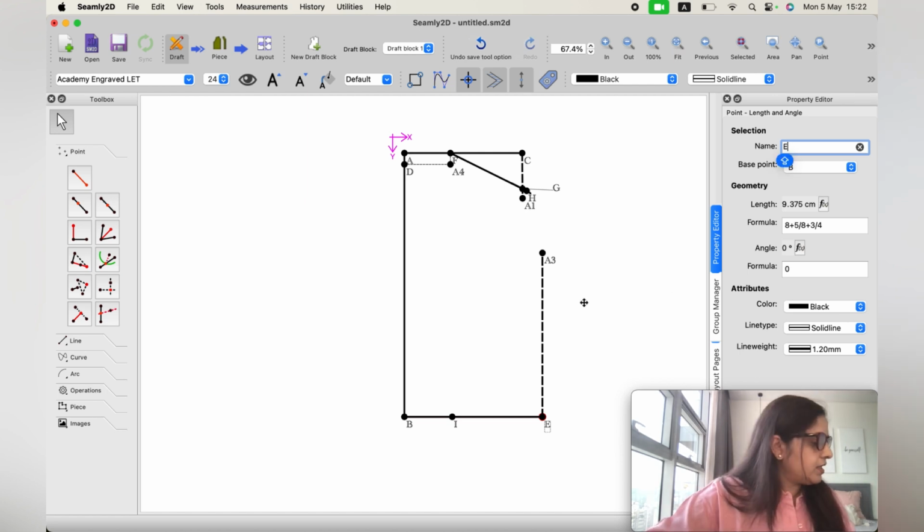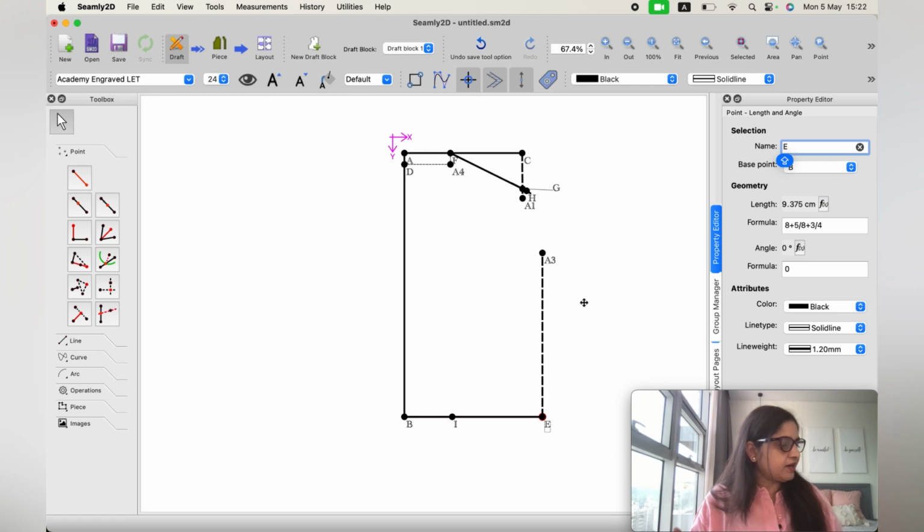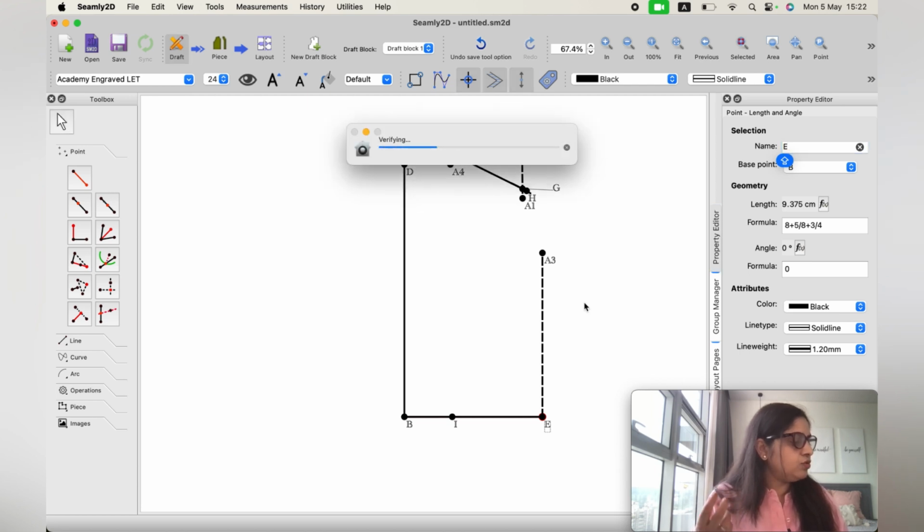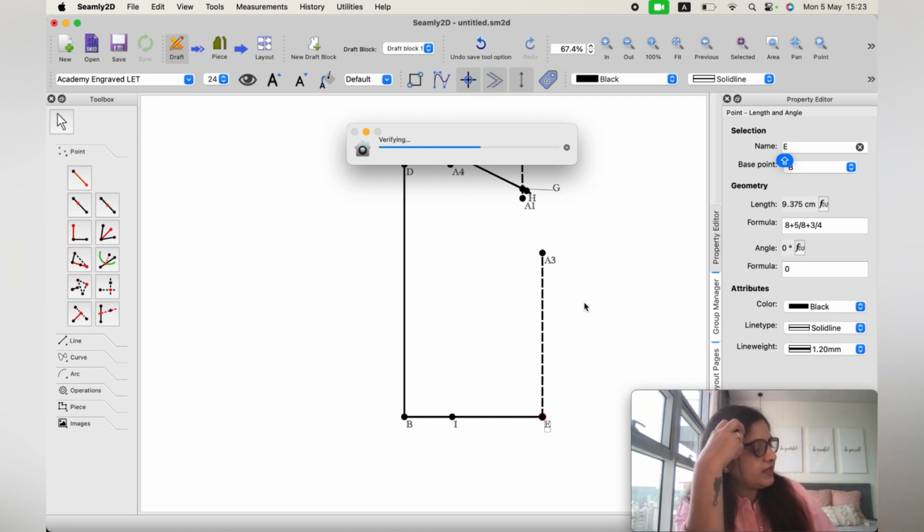Now B to J is waist arc. Waist arc is 6 5/8 inches. From that we have to insert our dart intake, which is 1 inch, and 1/4 inch of ease. So we have to add 1/4 inch to this.